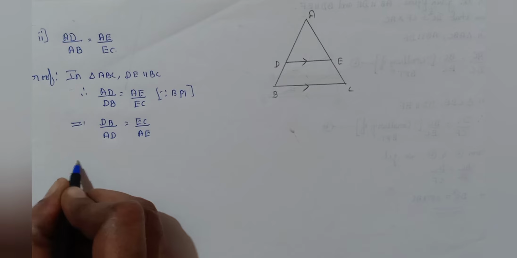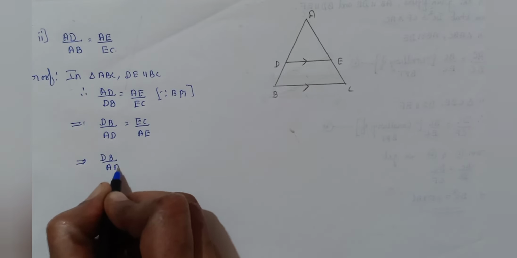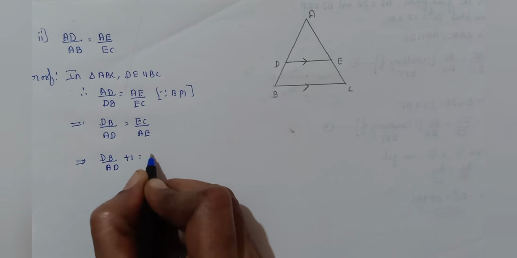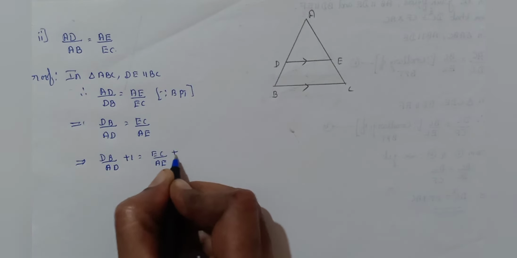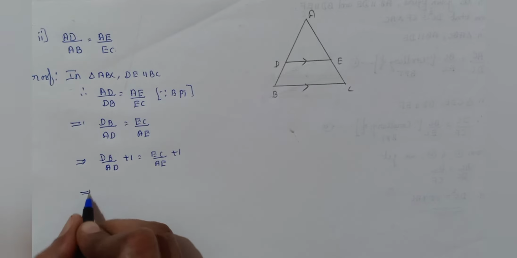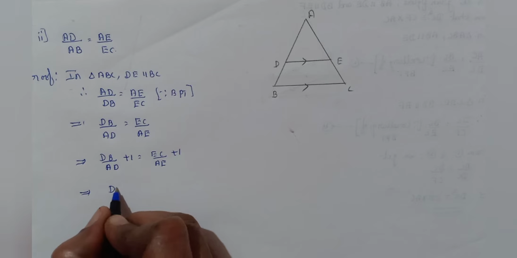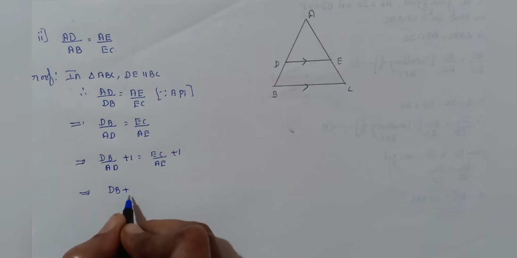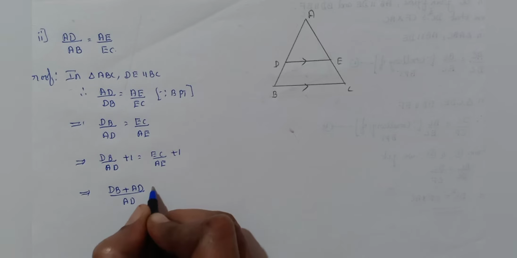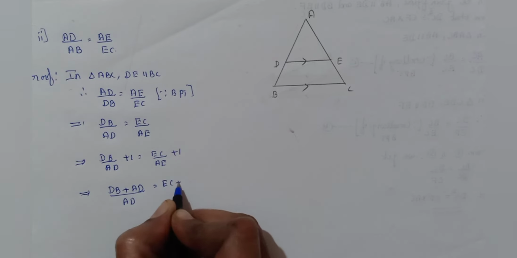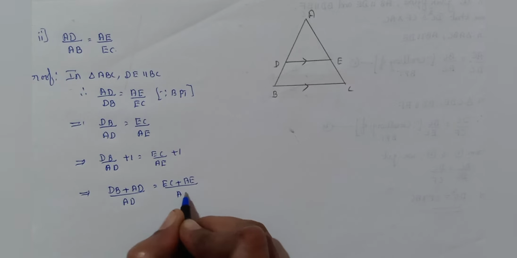Now add 1 to both the sides. DB by AD plus 1 is equal to EC by AE plus 1. Now take the LCM. DB plus AD by AD is equal to EC plus AE by AE.